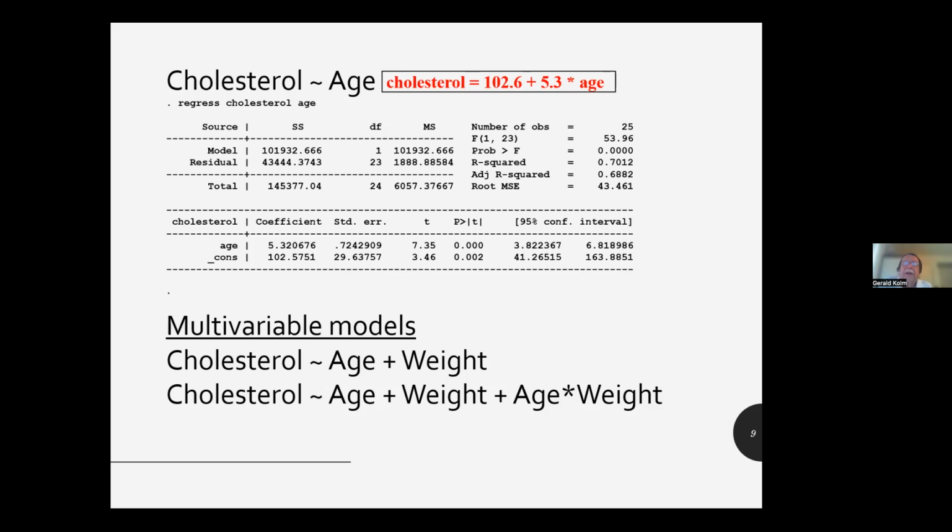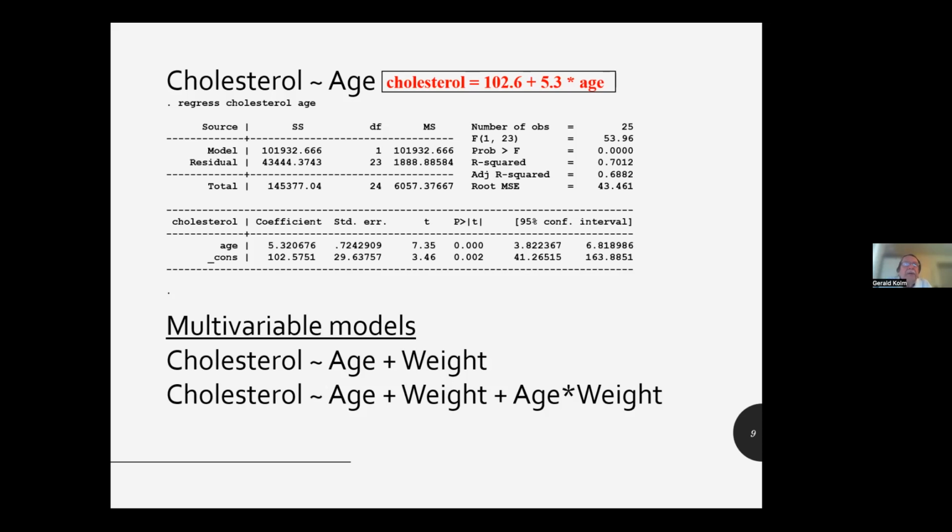Now, the format that you see it in here might be different, or probably is different, from what you'll get running it in Python. But I want to go over the essential elements of regression output.